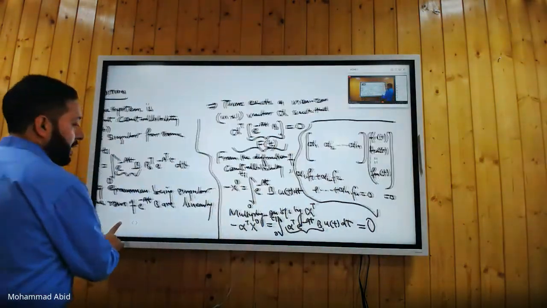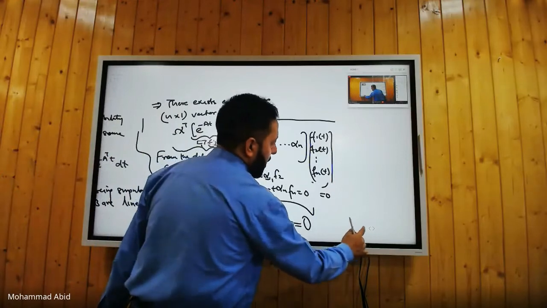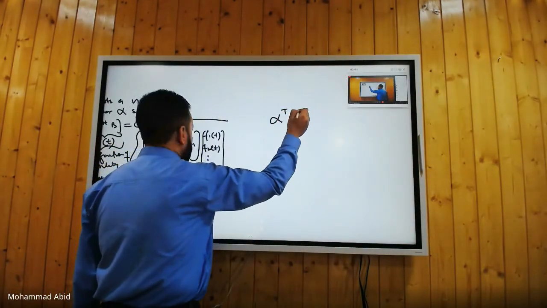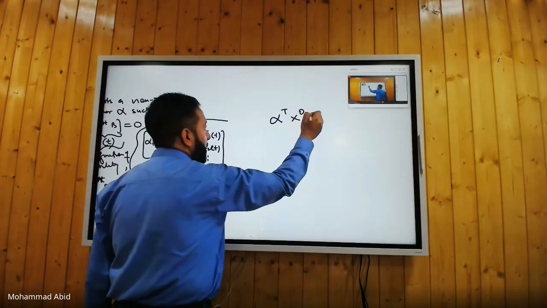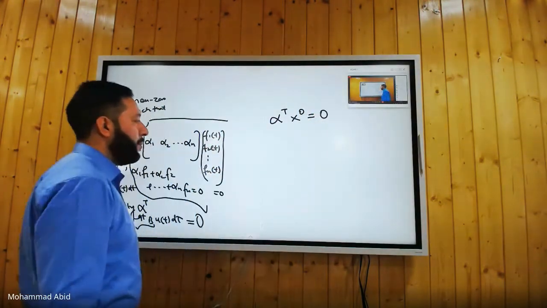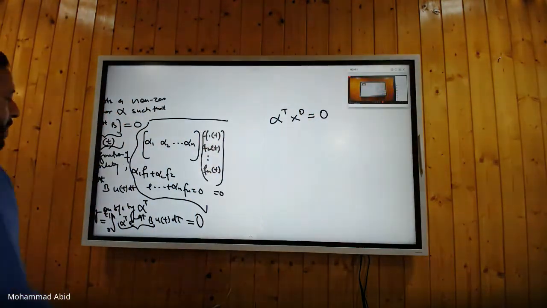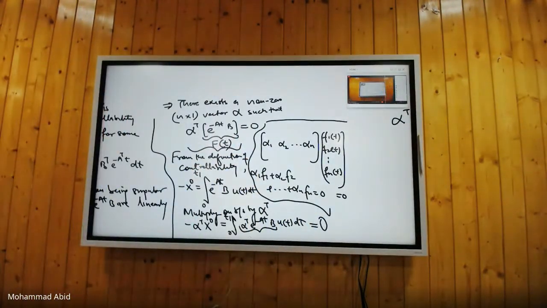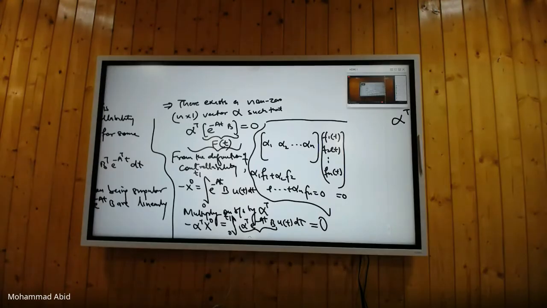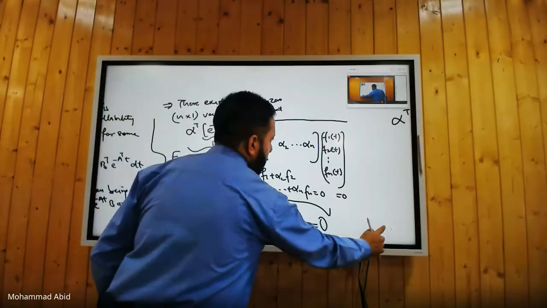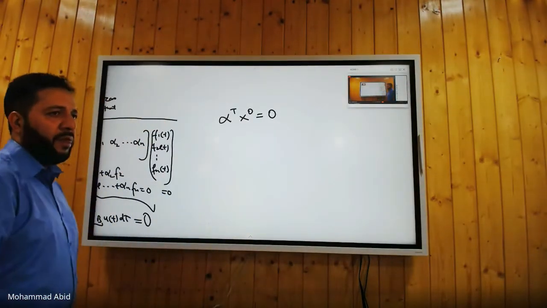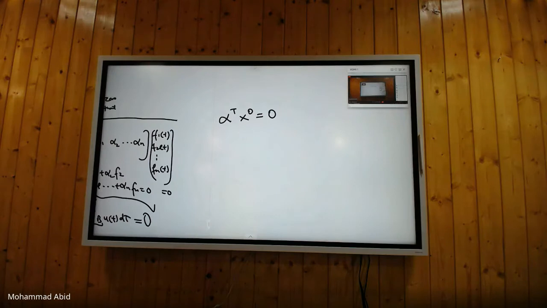So the right hand side becomes equal to 0, and I get alpha transpose x naught equal to 0. Could you follow the steps? Yes. Now, since the system is controllable, any x naught is possible.